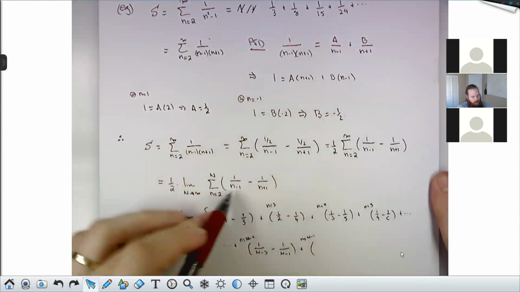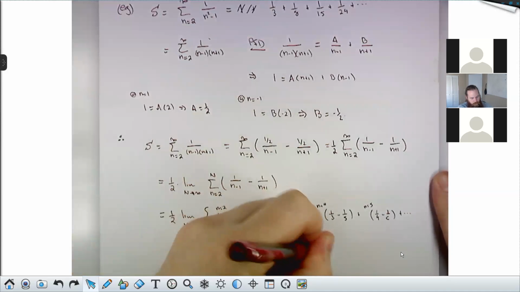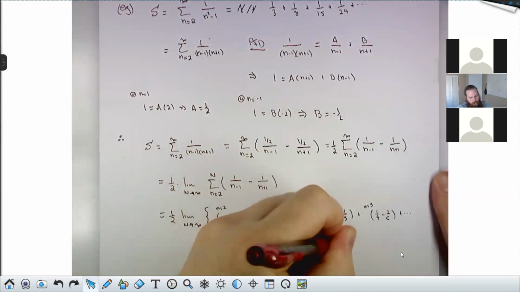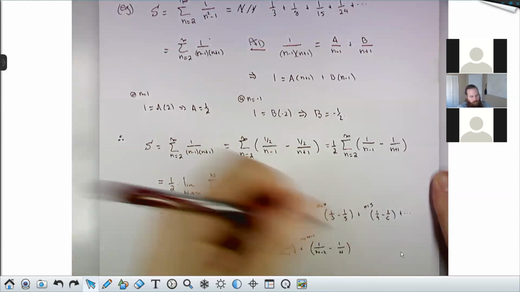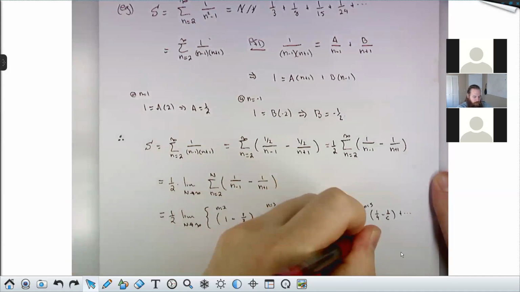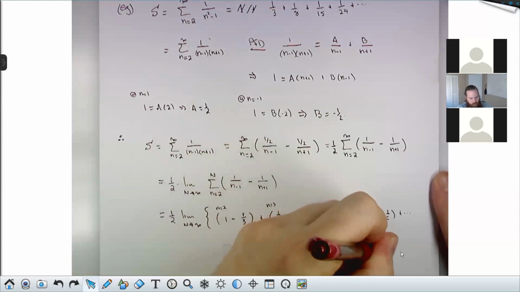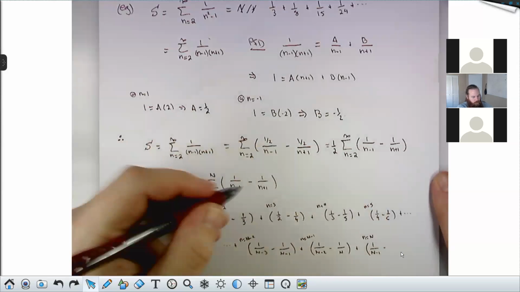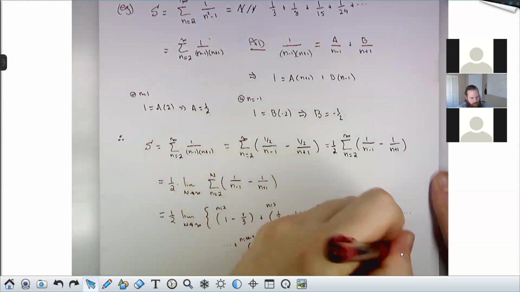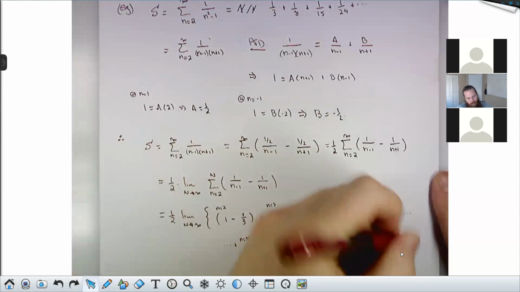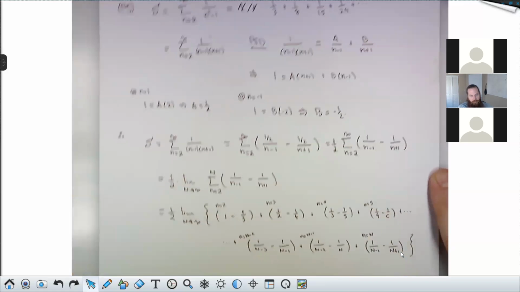That's 1 over cap N minus 2, minus 1 over cap N. And then the very last term, when little n is equal to capital N, I'll have 1 over cap N minus 1, minus 1 over cap N plus 1. Close this, close that.